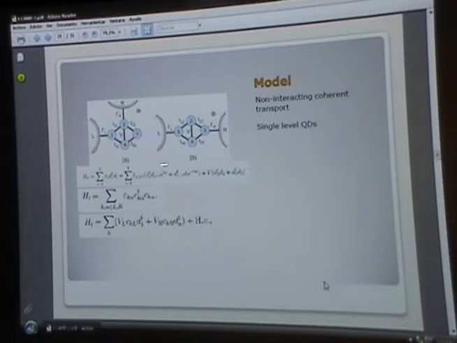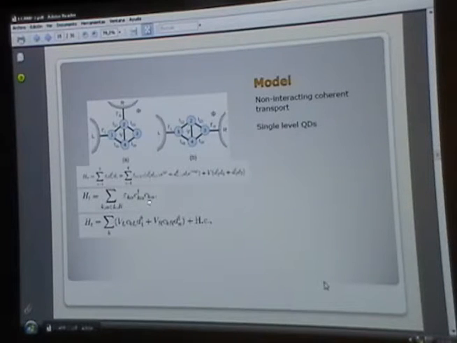And you have to pay a phase if you have a magnetic field there. This phase from going from site 1 to site 2 is the Aharonov-Bohm effect. So the change of phase is directly included in the model.